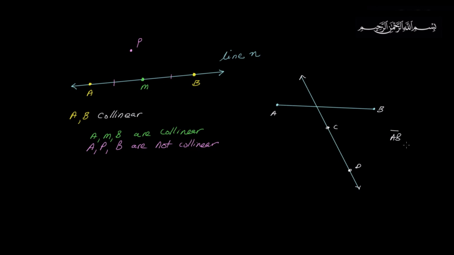And I have line CD, and they are intersecting at this particular point, and you can call that point, I don't know, K. So the intersection of the segment AB and the line CD is point K. Another way of naming line CD is, of course, line KC or line KD. Okay? So lines can intersect, segments can intersect, and lines and segments can intersect also.